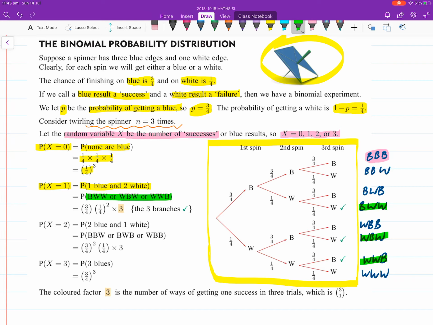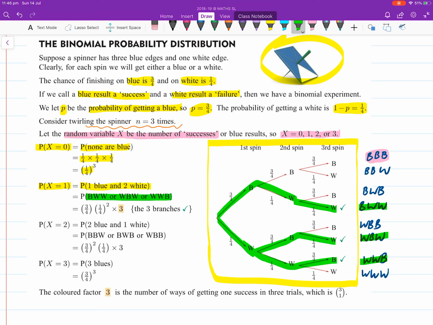And what we would normally do back in year 10 probability is multiply along this branch, right? And get an answer. Then you'd multiply along this branch, and then this branch, and then you would add all 3 together after you've done those calculations. But they're actually all the same number because they're all 2 whites and a blue.